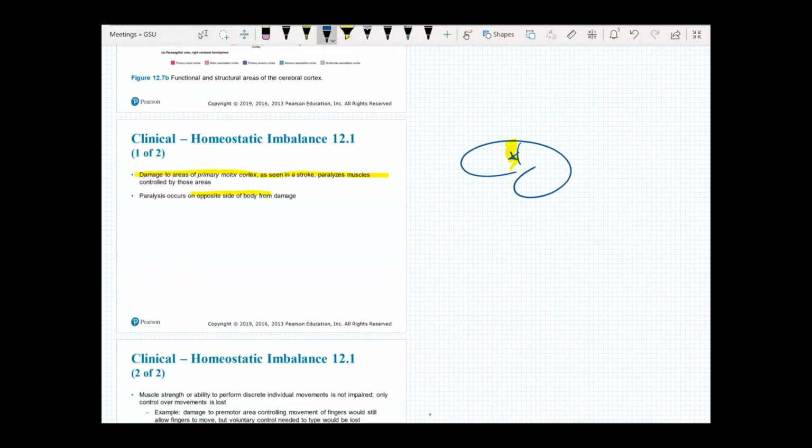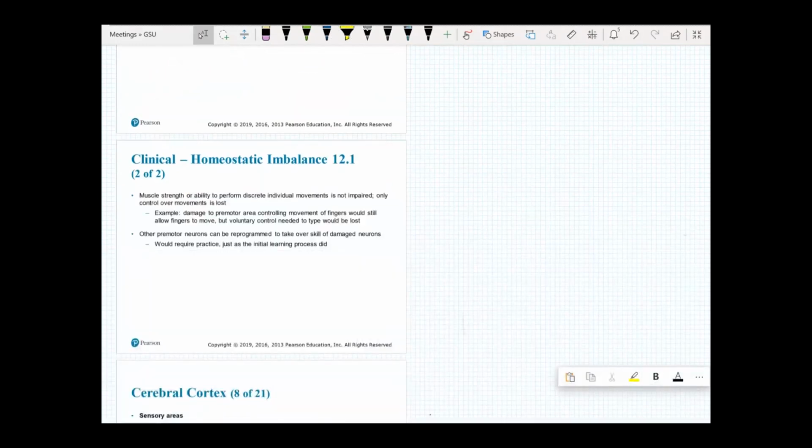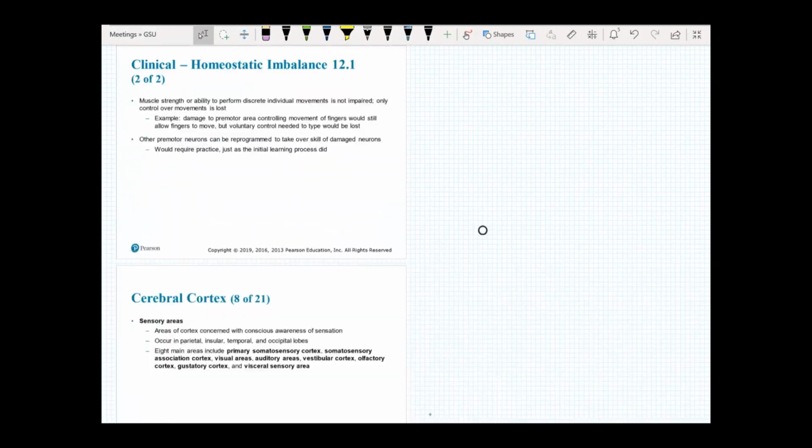If there is damage right here, then the other side of the body that this is responsible for will be paralyzed, because that muscle is no longer being controlled by the brain. That's what happens a lot with stroke victims, where they have a stroke on one side of the brain and the other side of the body is impacted.